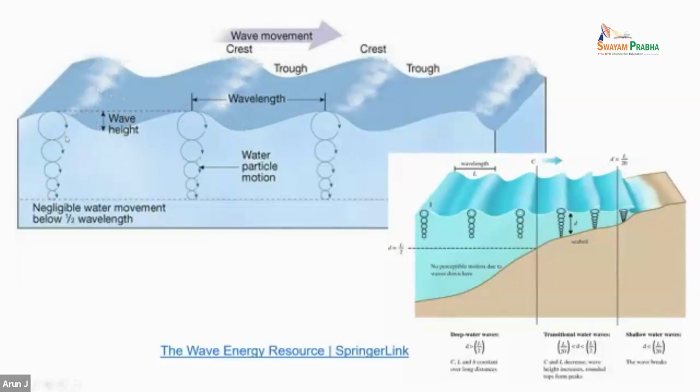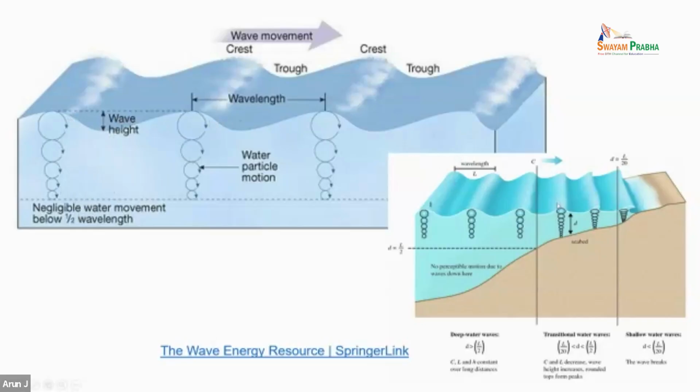This also shows the water particle motion, which looks like an ideal circle. That is for deep water. What's the meaning of deep water? Deep water means the depth of water is more than half of the wavelength.